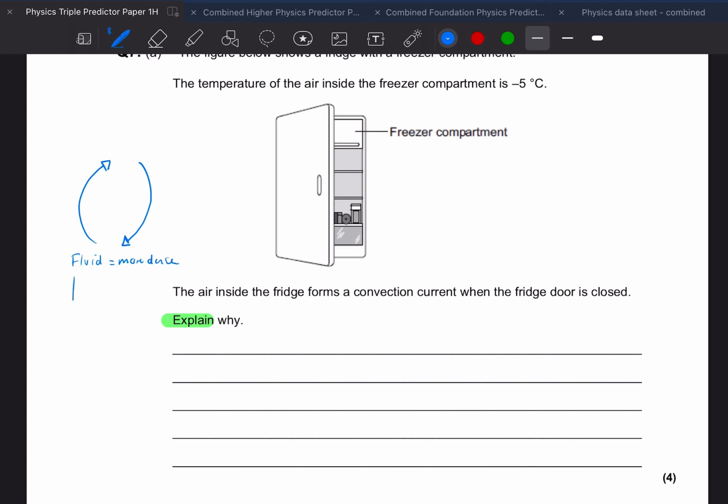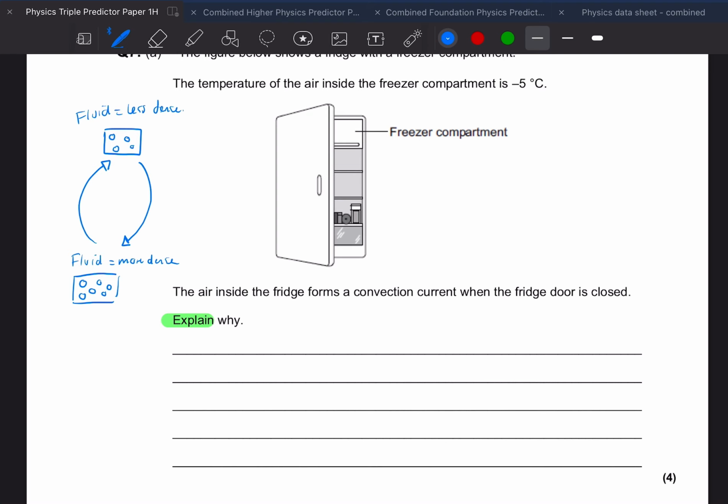So the particles here are going to be closer together. So let's just draw it as a gas for now. And at the top, our fluid is less dense. So something like that. So that's what happens with a convection current.